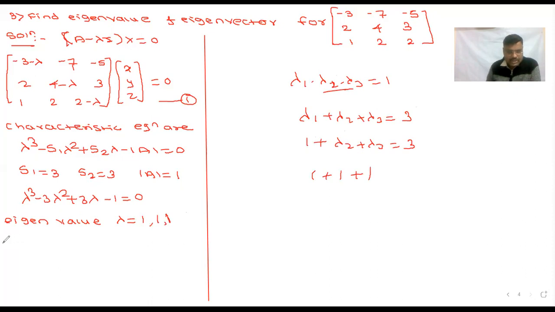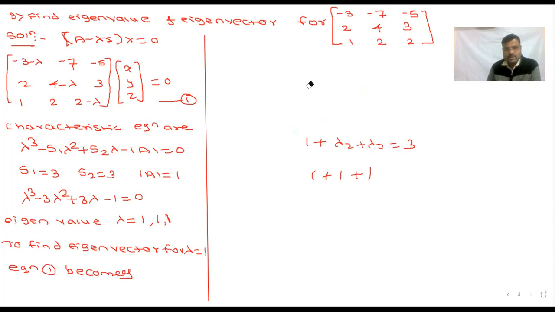Okay, so to find the eigenvector for lambda is equal to 1, equation 1 becomes, we just put in equation 1: -4, -7, -5; 2, 3, 3; 1, 2, 1.